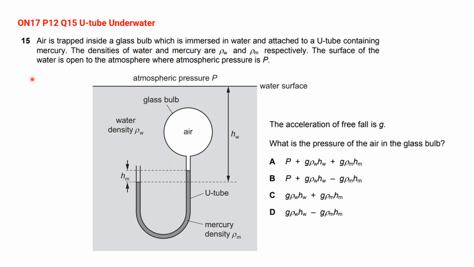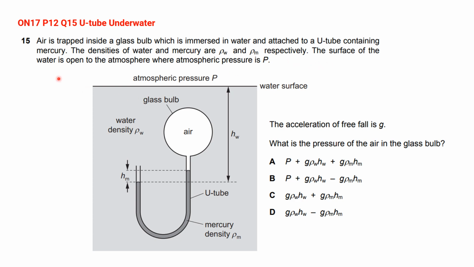This question is from October-November 2017, paper 12, question 15. Air is trapped inside a glass bulb, which is immersed in water and attached to a U-tube containing mercury. The densities of water and mercury are ρW and ρm, respectively.